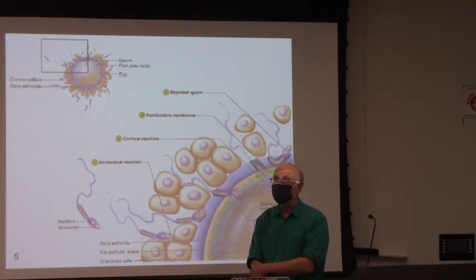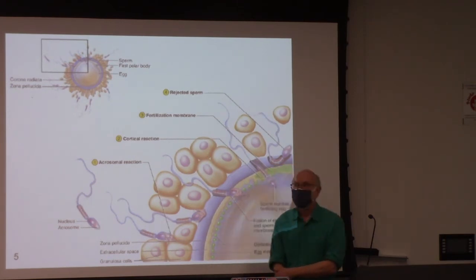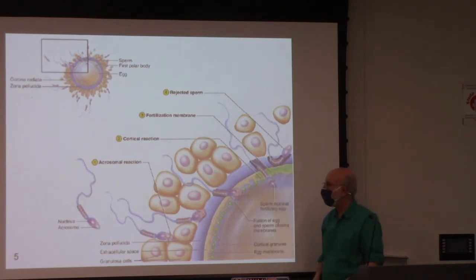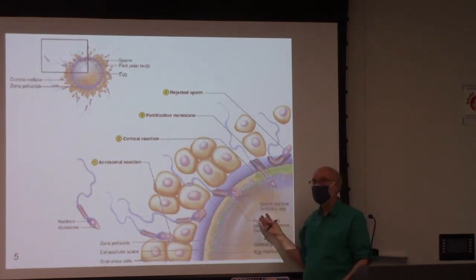That's one of the ways to get those unusual genotypes. It's rare. Often, when polyspermy does happen, the embryo is not viable, and the woman may never even know she was pregnant, even for a moment.